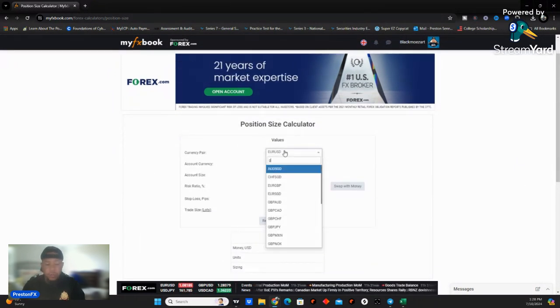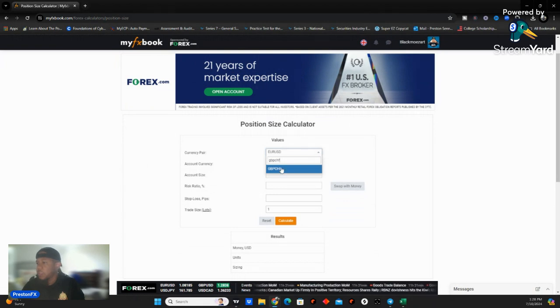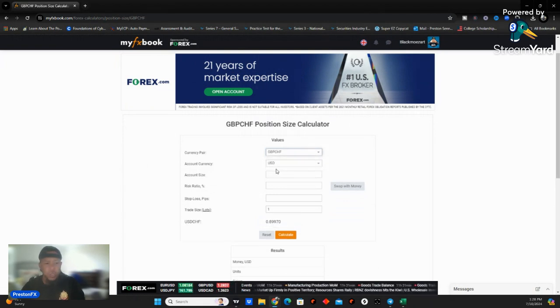So type in. If you don't already know, if you've been doing it a while, like I can look and say, okay, I want to risk one lot size for 59 pips. That'll be $590, and so on and so forth. So let's just say you have a $1,000 account.